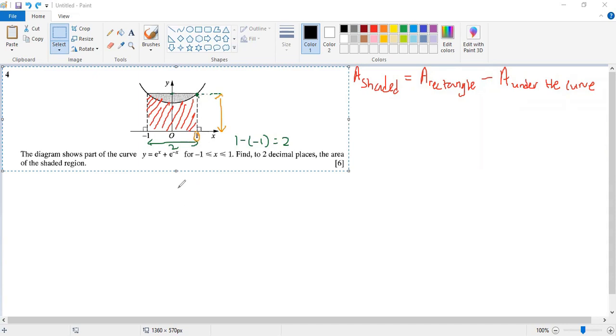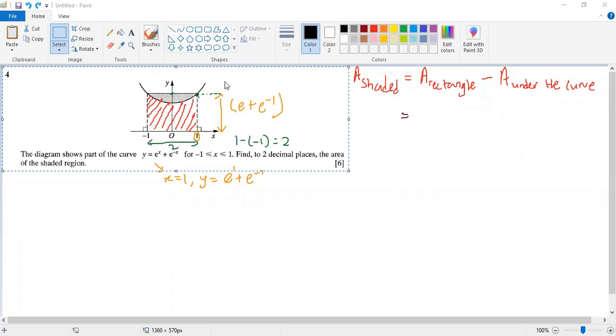So we just substitute x equals 1 into this equation, and you get the y coordinate, which also represents the height of the rectangle. So e to the power of 1 plus e to the power of -1. This is the height of the rectangle, which we can say is e plus 1 over e. Now we can calculate the area of the shaded region with all this info.